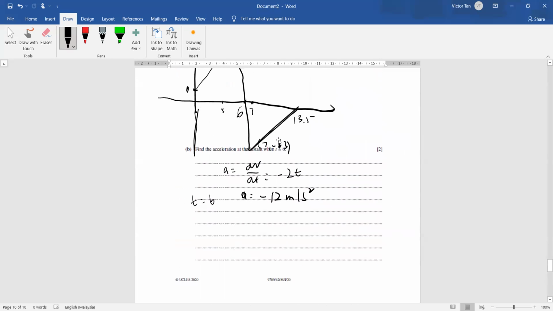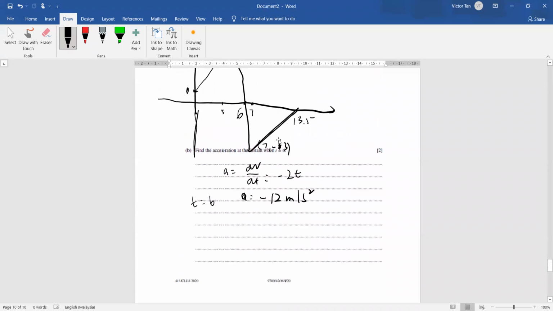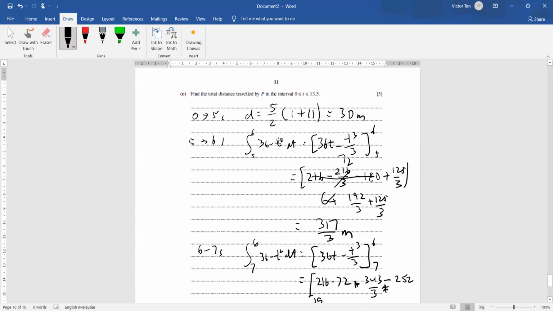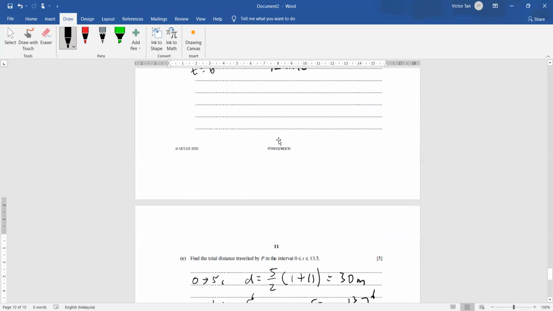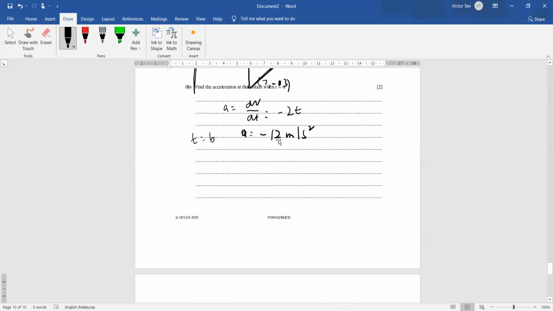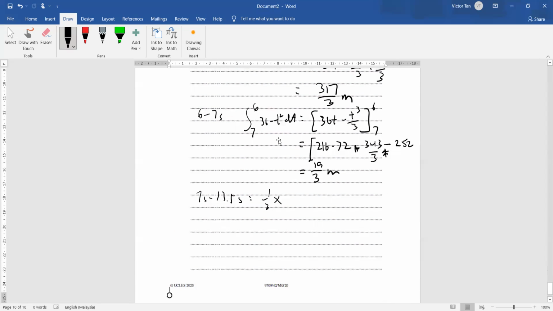And the final part is a triangle. So the final part is 7 seconds to 13.5 seconds, times base is 6.5 times 13, over 2, 0.25.